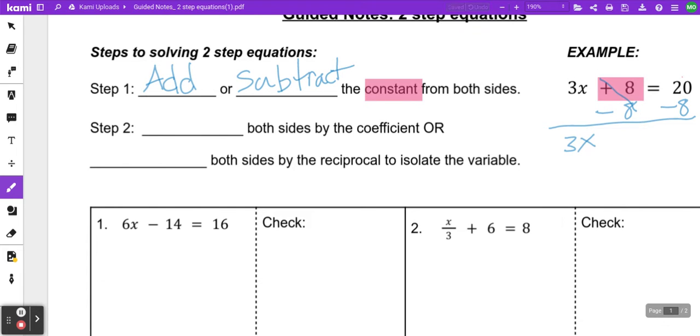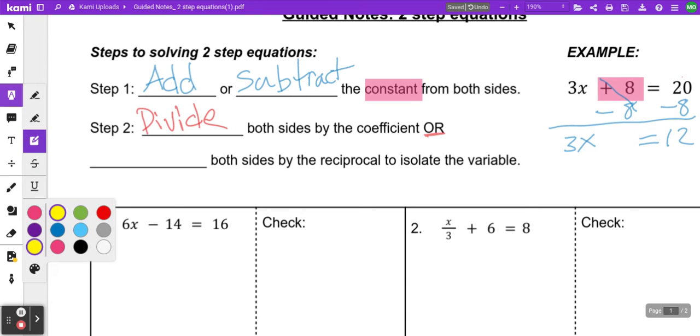And then 20 minus 8 is 12. Okay. Step 2, you have 2 options of what you're going to be doing. You're either going to divide both sides by the coefficient. Now, your coefficient is a number that is being multiplied with your variable.